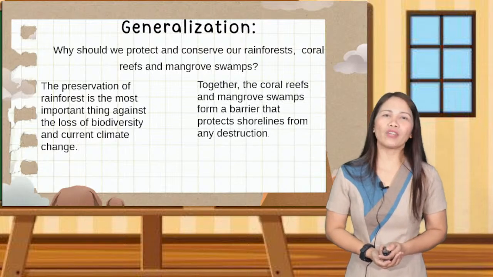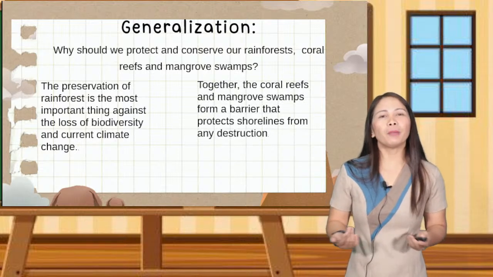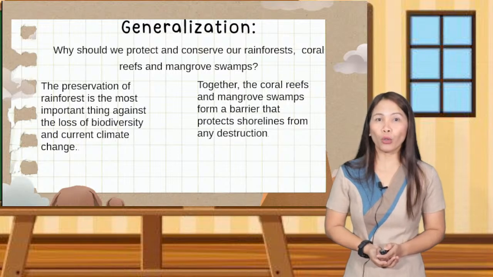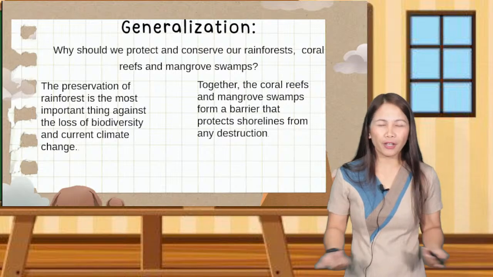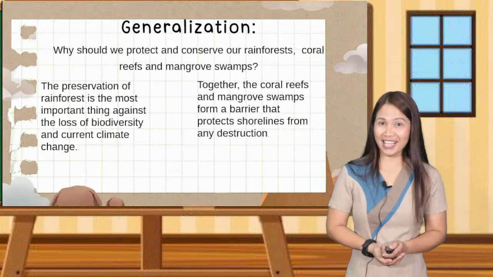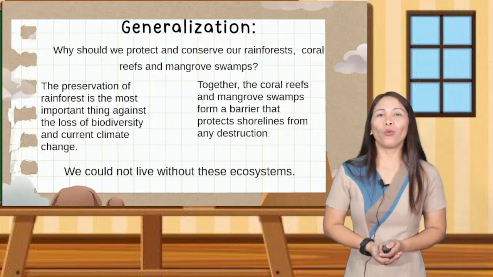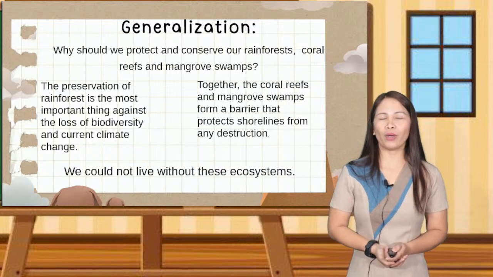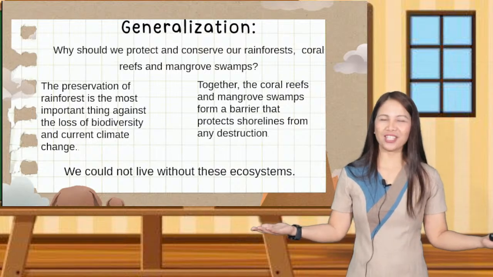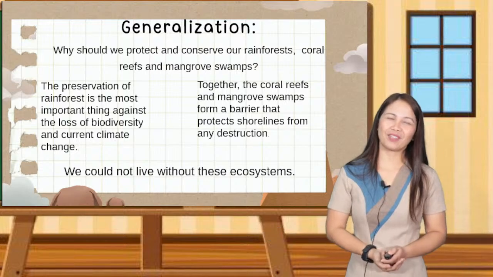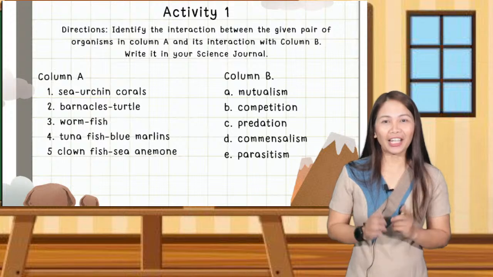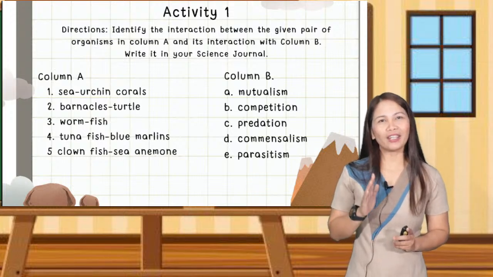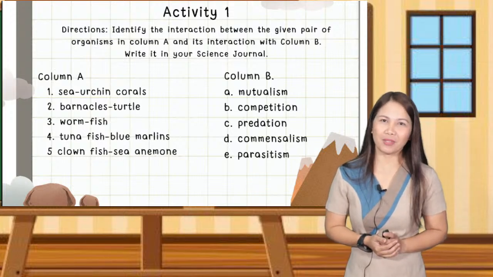Together, the coral reefs and mangrove swamps form a barrier that protects shorelines from any destruction like winds or typhoons. So see, we could not live without these ecosystems. Great job, kids. I do hope you already know about the ecosystems.